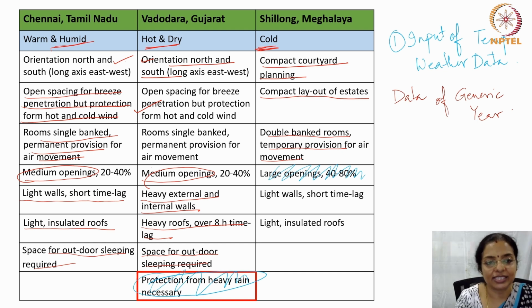So today we saw a very simple tool for which you do not require any major skill other than just entering the data and following the instructions that are given to you to arrive at decisions, and you will get all the thumb rules for simple passive techniques.